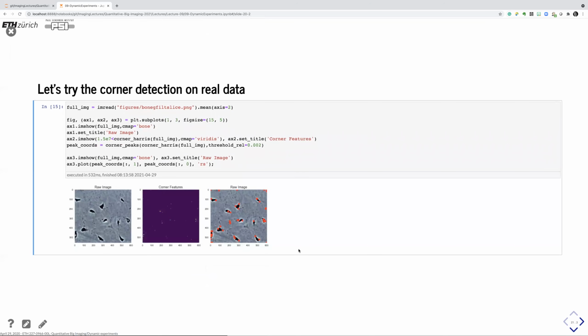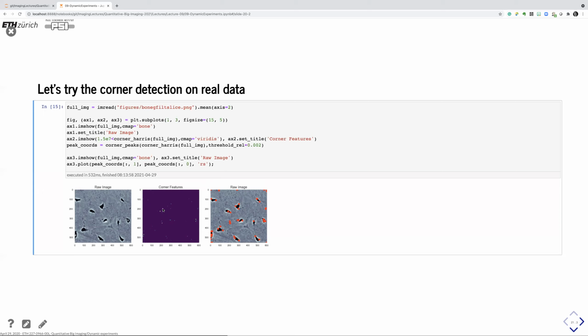And if we look at that on the real data, we have again this filtered bone slice. If we apply this corner detection using the Harris detector, we can see that we have a lot of small dots all over the image.